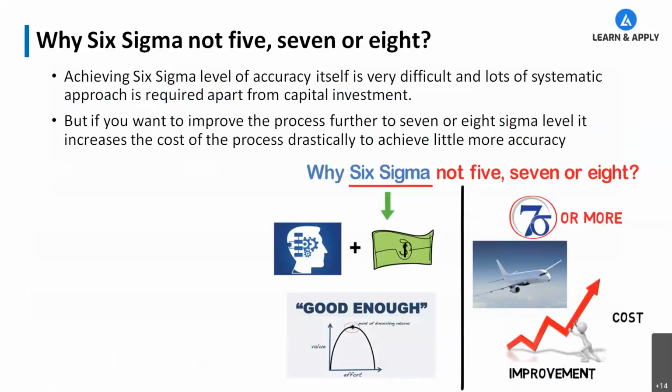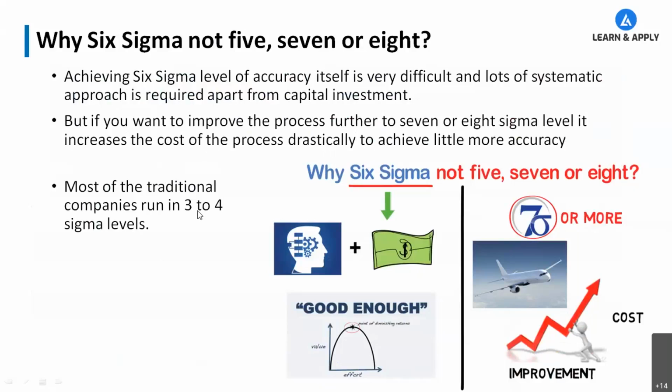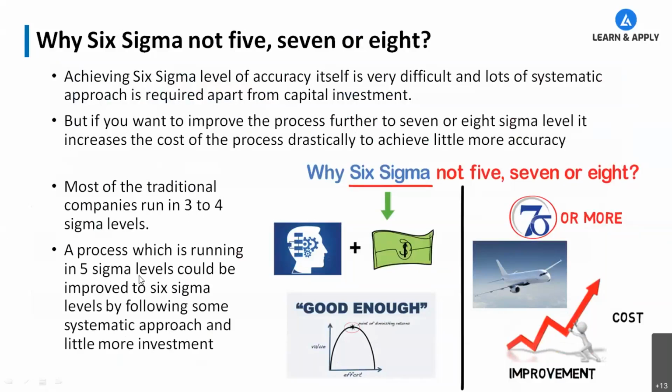And if we see most of our companies, they run at 3 to 4 Sigma levels, because that is the kind of operation currently going on in most of the traditional companies. And a process which is running at 5 Sigma could be improved to 6 Sigma by following some systematic approach and a little more investment. So from 3 to 4 Sigma to 5 Sigma and 5 to 6 Sigma, that can be done.